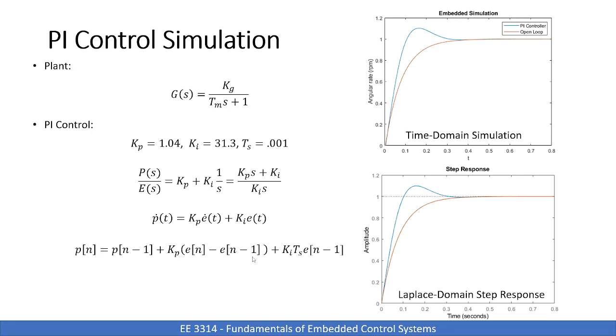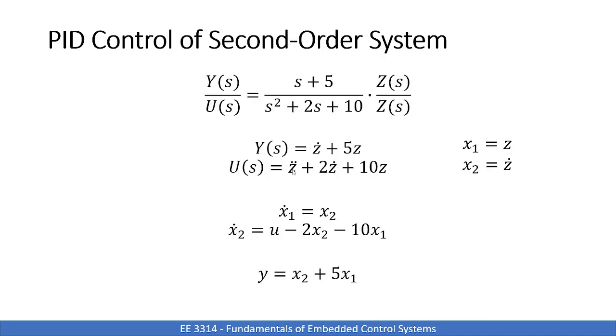We calculate the error as the command minus the actual RPM, and then after this we go into the state space simulation like we did before. Okay, so this just gives us a good feeling that our implementation and our representation of everything here in the discrete domain is going to actually be what we expect.